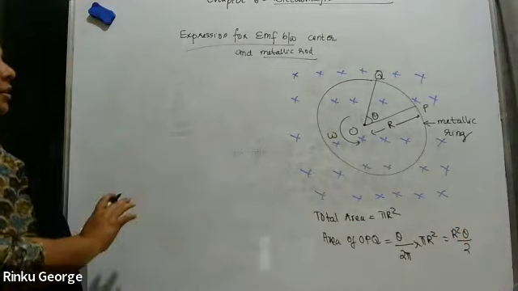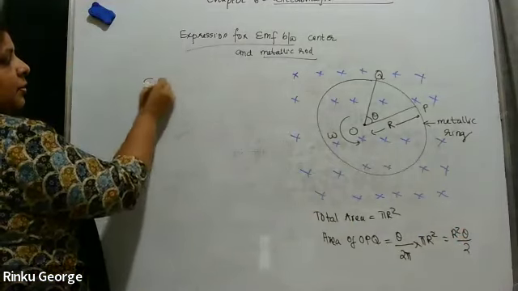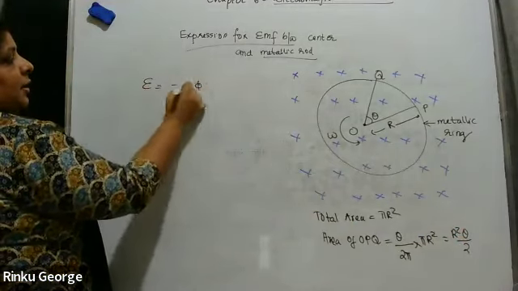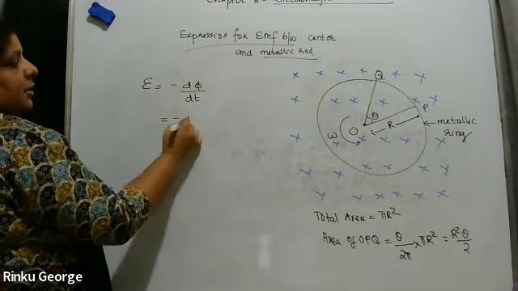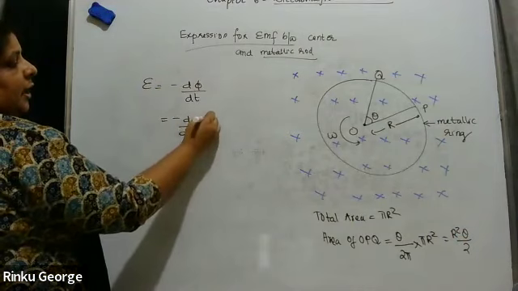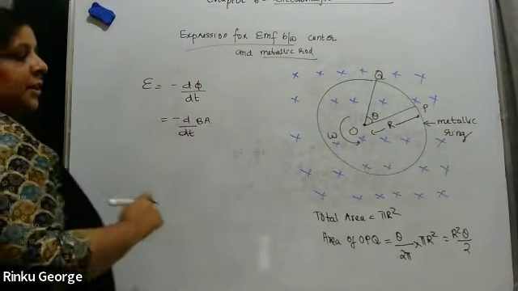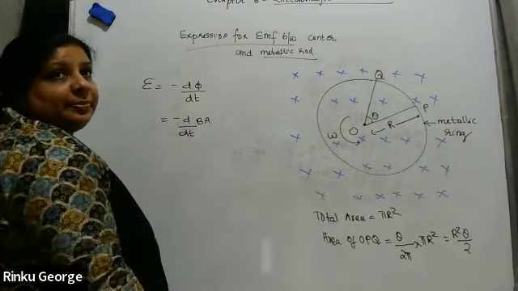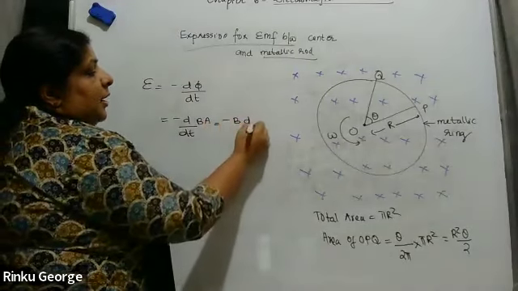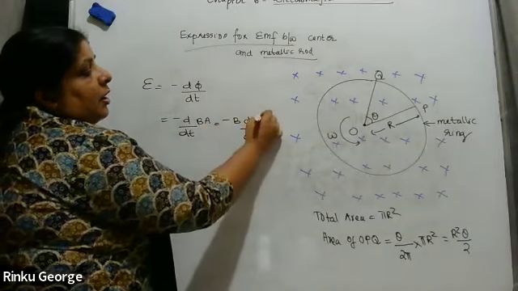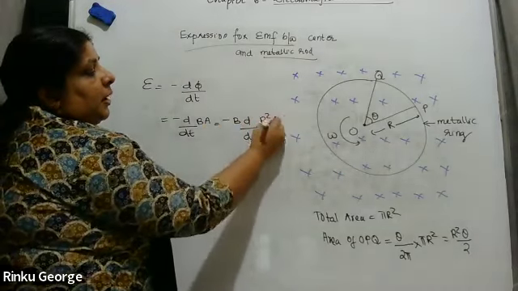Okay, theory is there. So now here also the EMF induced will be minus d phi by dt. Phi is BA, right? Minus d by dt of BA. B I will take outside, and for area I will substitute that. So minus B d by dt of r square theta by 2.